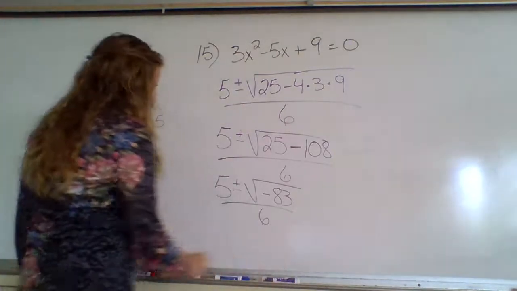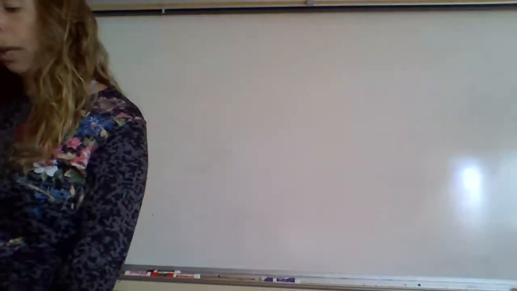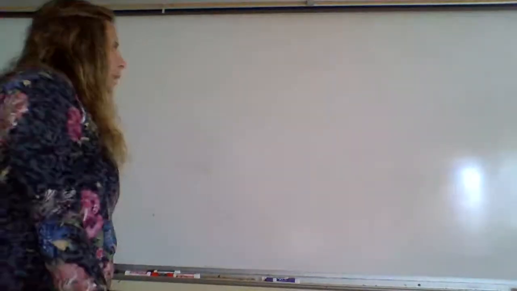All right. I said this in both classes, but for 16 through 18, you're just determining the number of roots that each polynomial will have, right? And that's just based off the highest power. I think I did this in class, but that's okay.